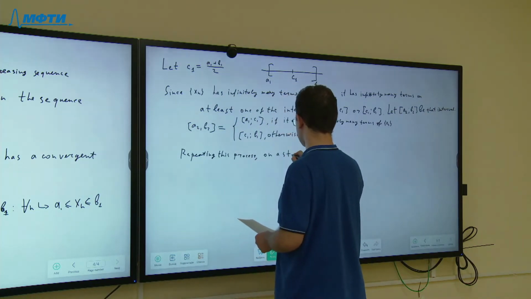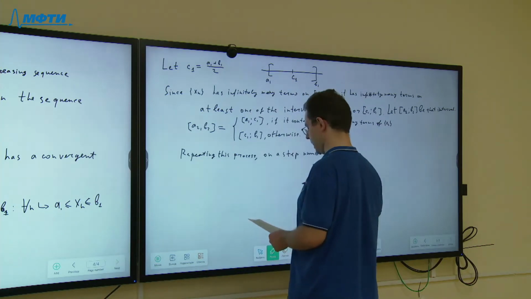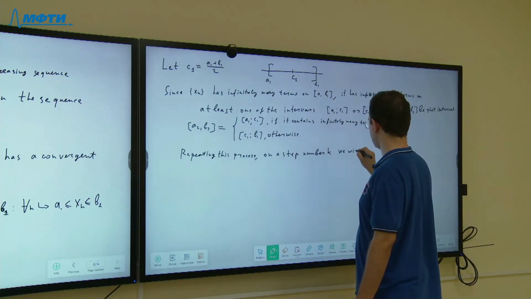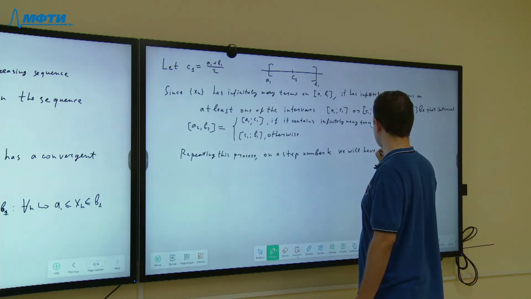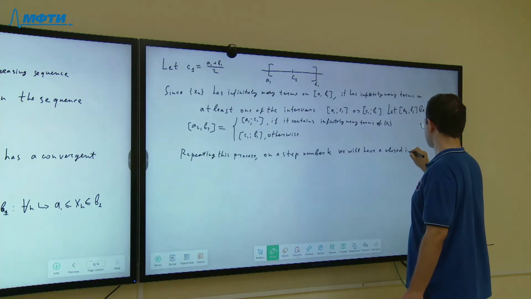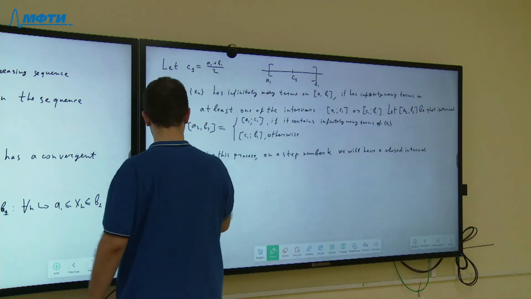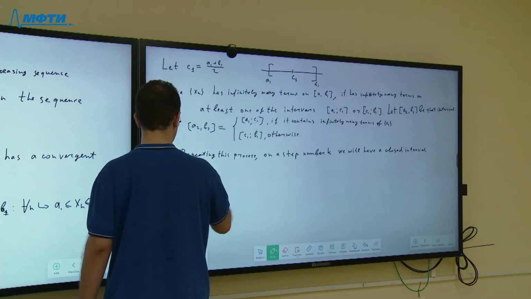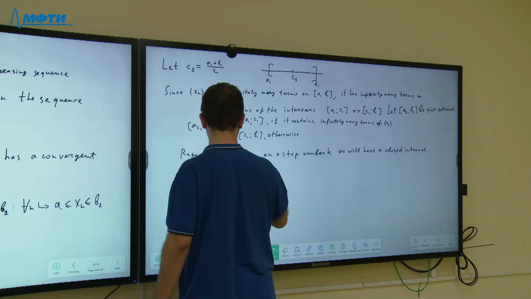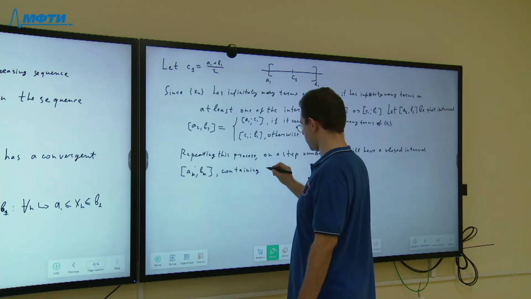On step number k, we will have a closed interval AK, BK containing infinitely many terms of my sequence.